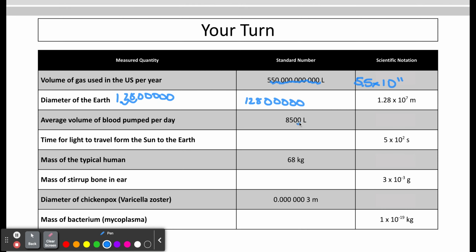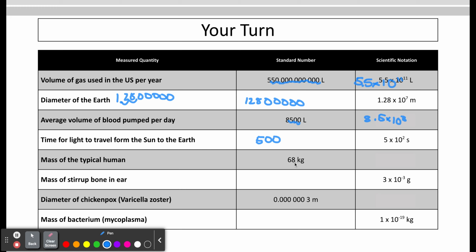So you move it over 1, 2, 3. So 8.5 times 10 to the third. This one is 5 times 10 to the second, so it's actually 500 seconds.